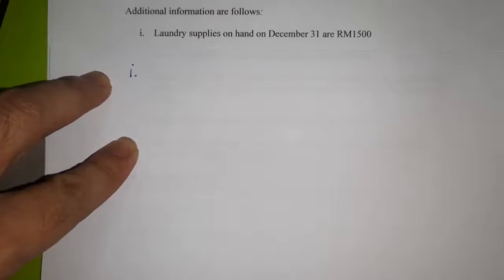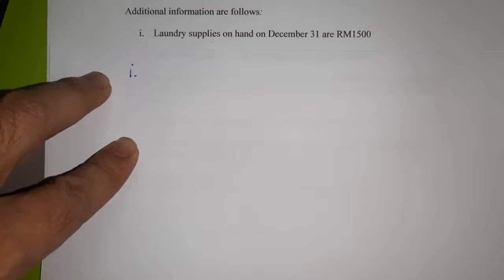Always remember this. Remember the purpose of doing adjusting entry? The purpose is to follow the matching principle. You have to make sure revenue and expenses related to one accounting period are recorded in that accounting period, so that you can calculate an accurate profit for that accounting period.